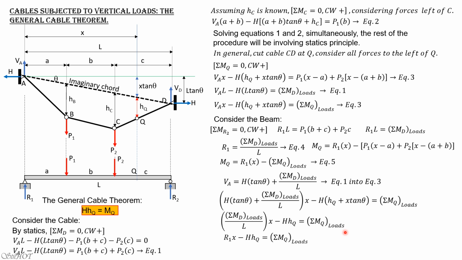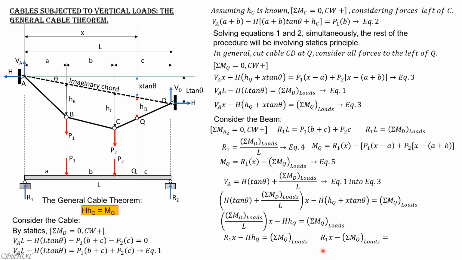So since R1X from this expression here is actually R1X minus this equals HHQ. So we interpret R1X minus summation moment about Q due to the loads as MQ. Then that is equal to HHQ.